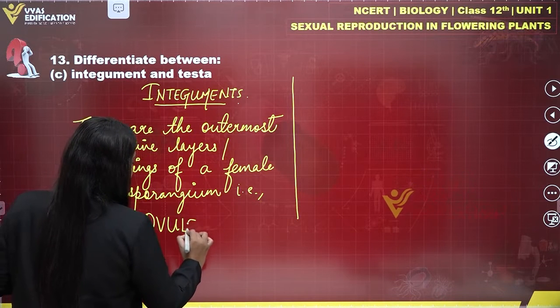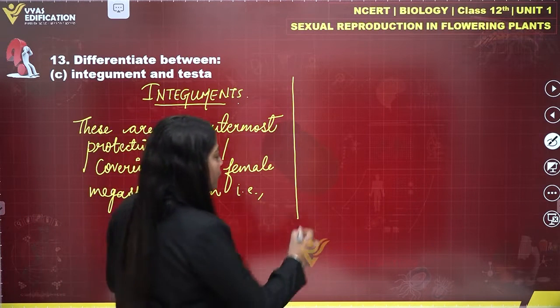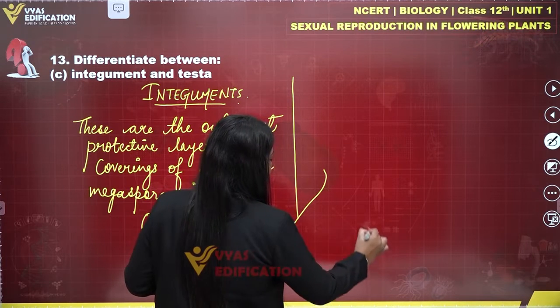That is ovule. We know that if we draw a diagram of an ovule, it looks like this.